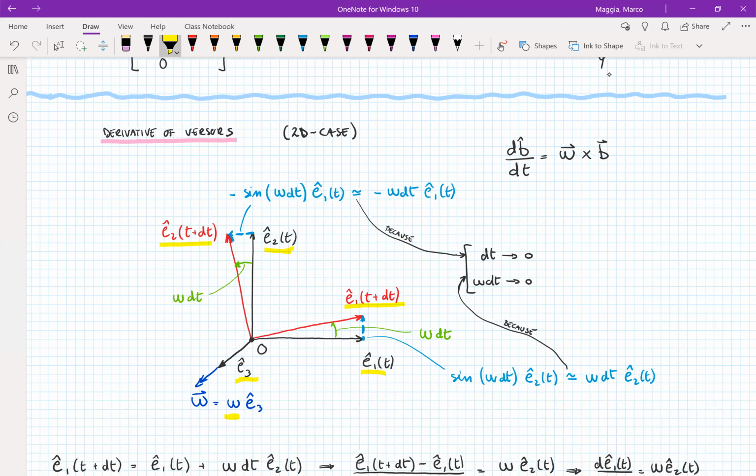The difference vector-wise between E2 at time t plus dt and E2 at time t is given by minus sine of omega dt times E1(t). So minus sine of omega dt because it's just the angle.